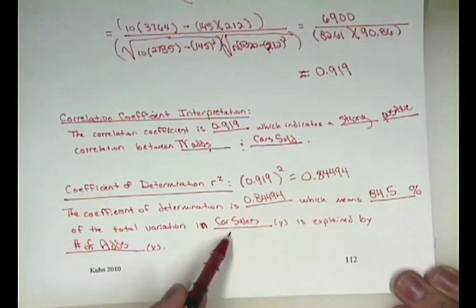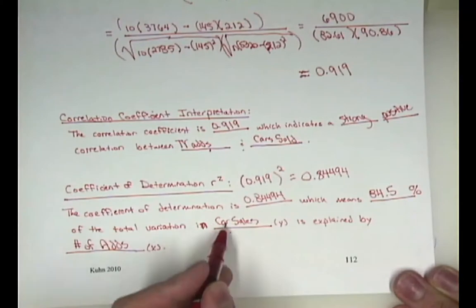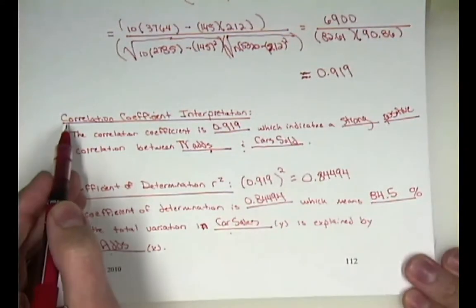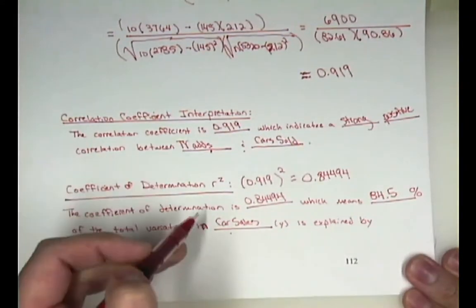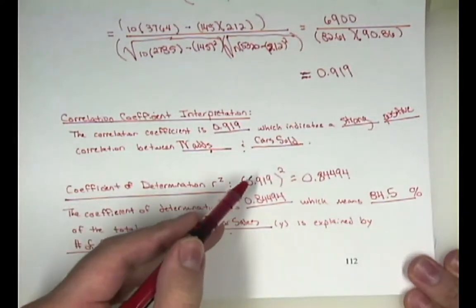Say what the y variable is and what the x variable is if you know what it is. Car sales and TV ads. And that is the coefficient of determination as well as the correlation coefficient. Doing it by hand. Remember, your calculator can give you the correlation coefficient. You have to find the coefficient of determination yourself, which is very easy because you just have to square it.